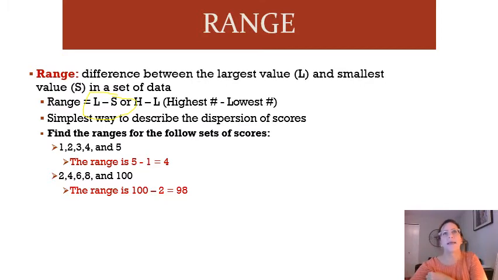So let's say we have our exam 1 scores. You can score anywhere from 0 to 100. But let's say I'm trying to explain how scores fell. I say, you know what, the majority of the students did really well.